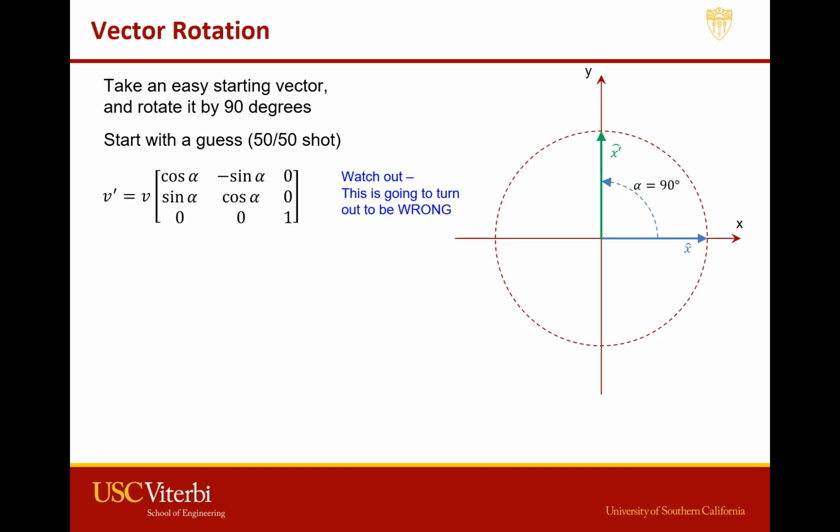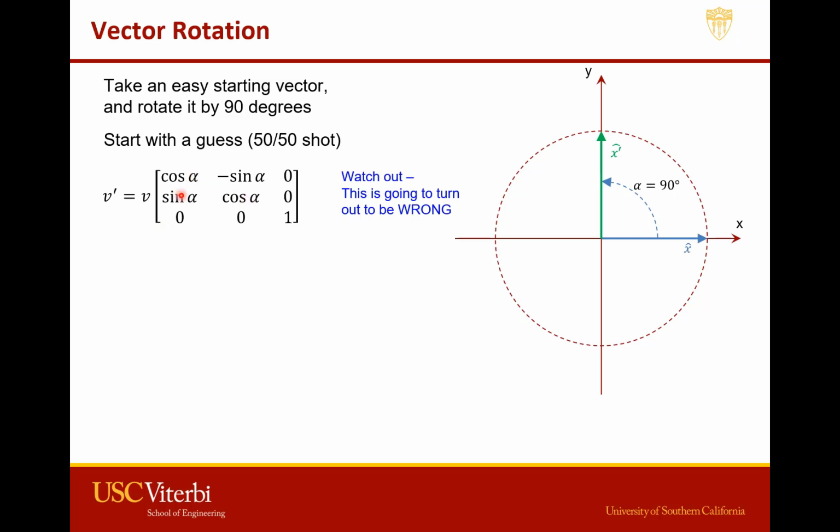As it's rotating, the door handle is changing from being in the x direction to being in the y direction, or from the y direction to the x direction. But the hinges don't move because the hinges are on the axis of rotation. The axis of rotation is like the hinge. So the z-axis in this picture is the hinge, and nothing here changes. So I put the nothing-changes part of the matrix there.